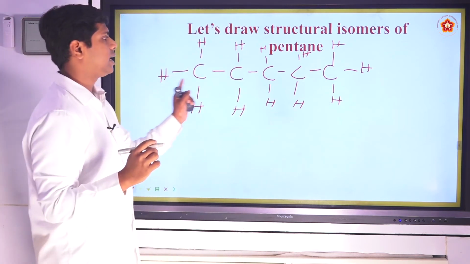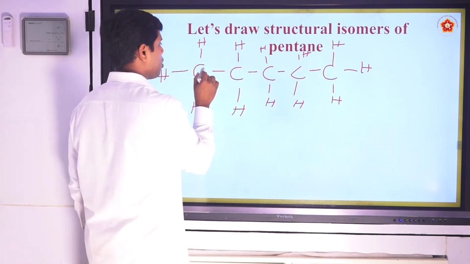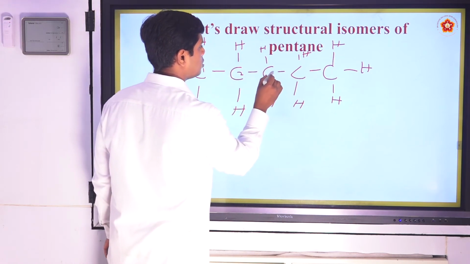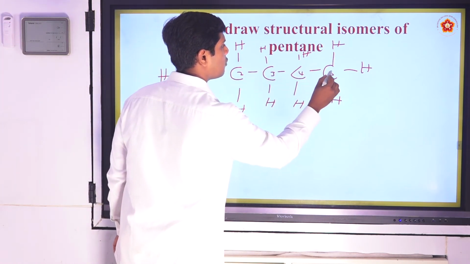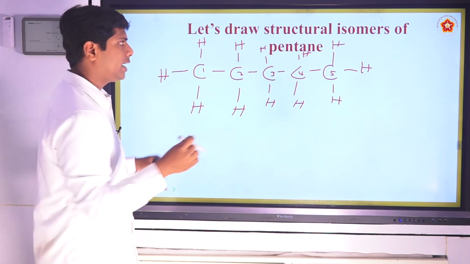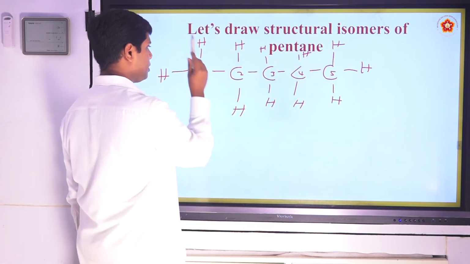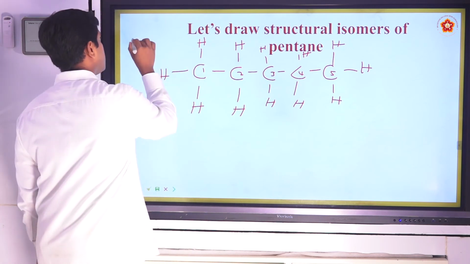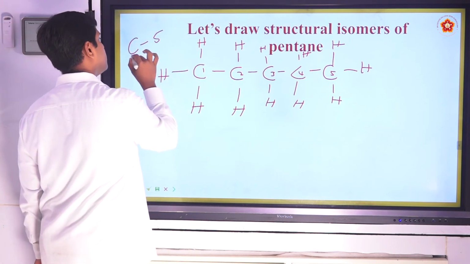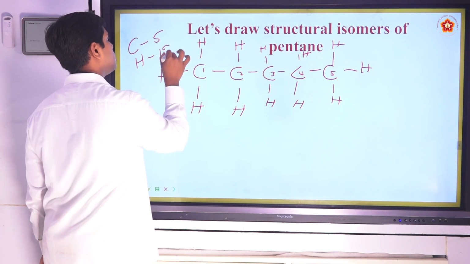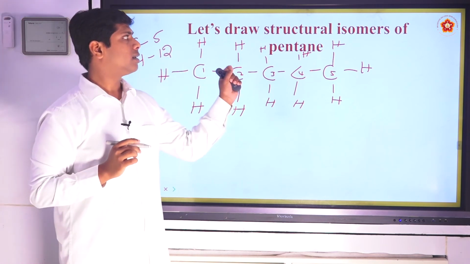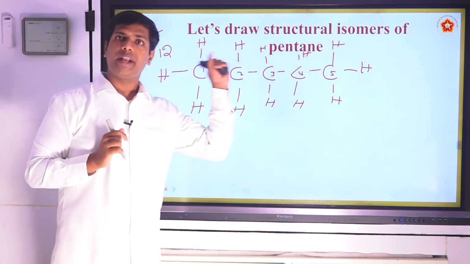This is the straight chain. 1, 2, 3, 4, 5 carbon atoms and hydrogen atoms. See, 1, 2, 3, 4, 5, 6, 7, 8, 9, 10, 11, 12. Carbon atoms are 5, hydrogen atoms are 12. This is one of the isomers of pentane.